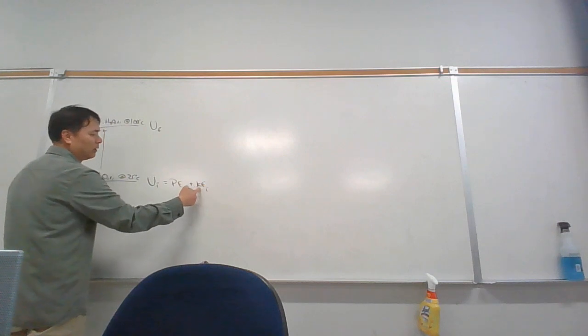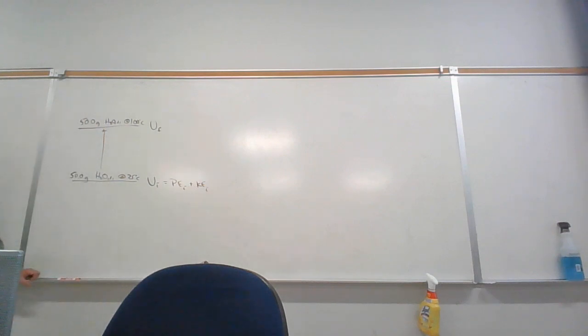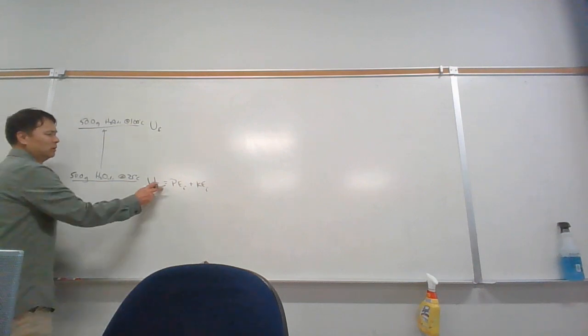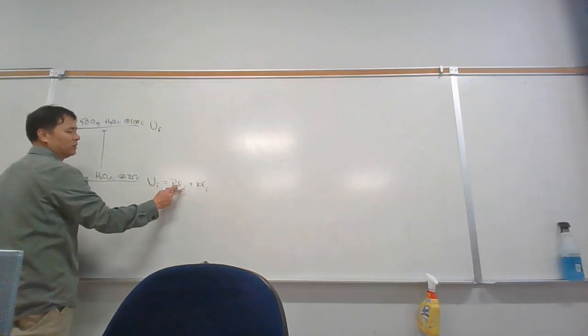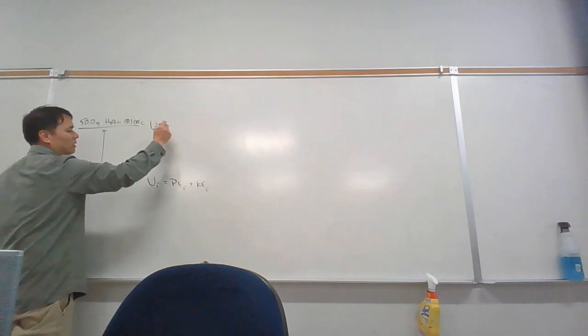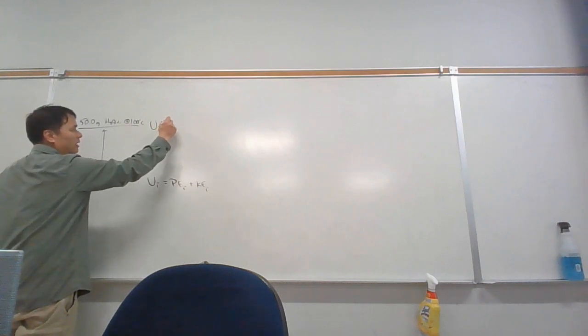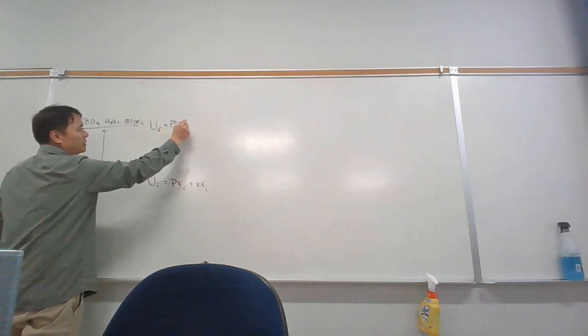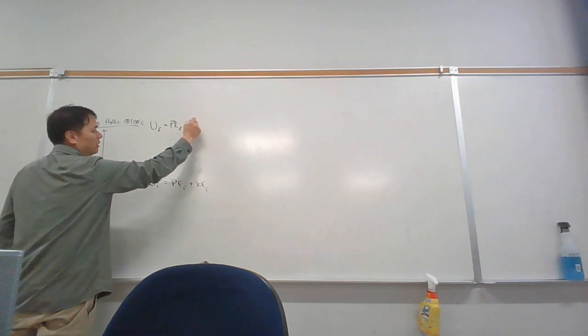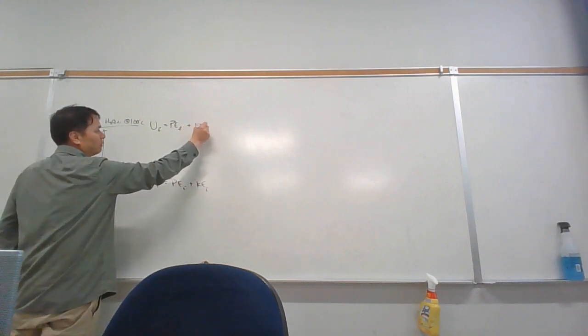There are different abbreviations for kinetic energy, E sub K or KE. I'll just use KE, it's easier. And so we need the initial potential energy and initial kinetic energy, and for the final, we'll need the final potential energy plus the final kinetic energy.